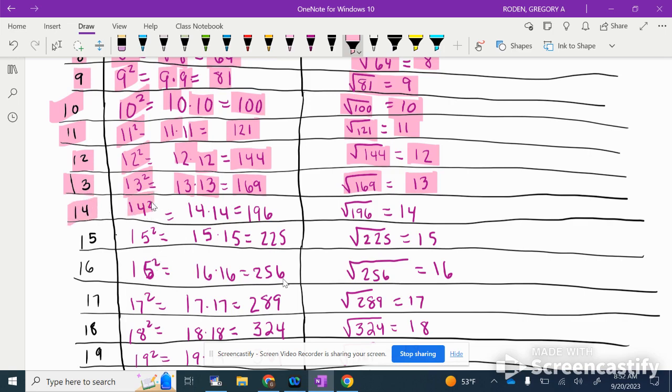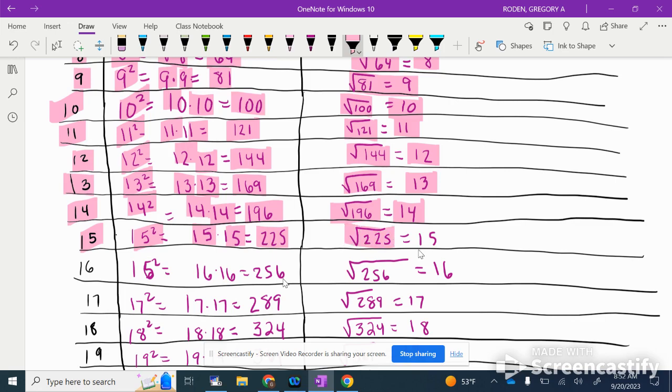14 is 14 squared. 14 times 14 is 196. The square root of 196 is 14. 15 is 15 squared. 15 times 15 is 225.